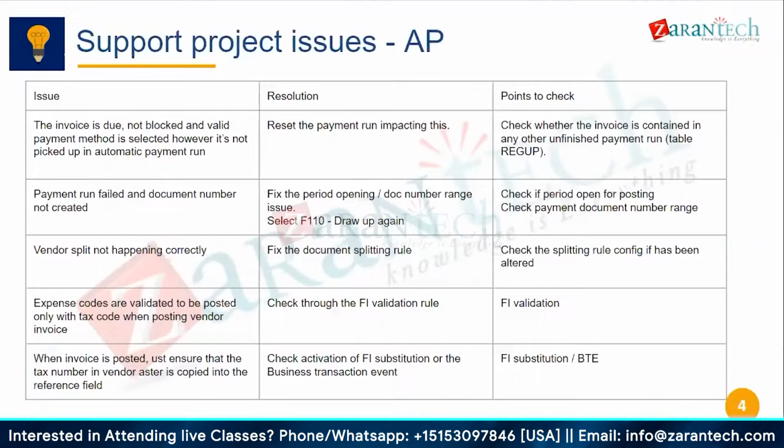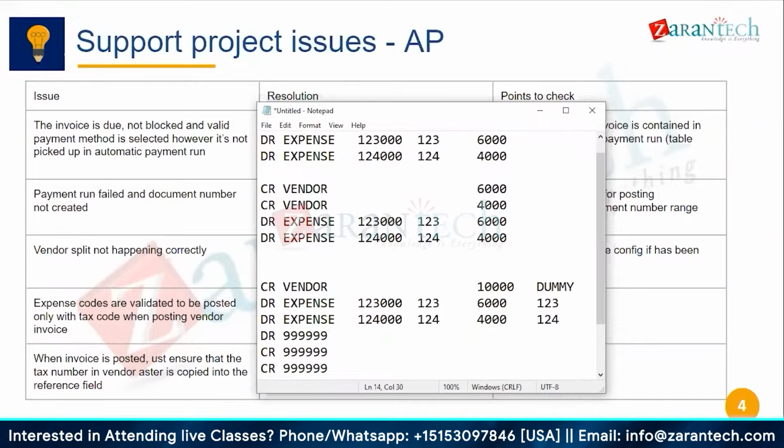And it will be having some technical account, because you need to define the technical account for all your document splitting. So what it's doing is it does the split in the technical account. For example, this becomes 10,000 for dummy. That dummy is for profit center, right? Yeah, the profit center, correct.